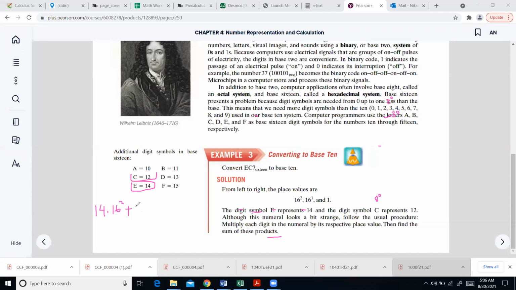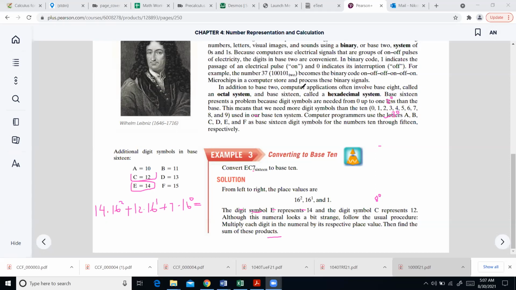So I get 12 multiplied by 16 to the power of 1, right? And finally, last digit, which is 7. So I get 7 the way it is, multiplied by 16 raised to the power of 0. And then we can actually see what this number is supposed to be in our favorite base 10 system.